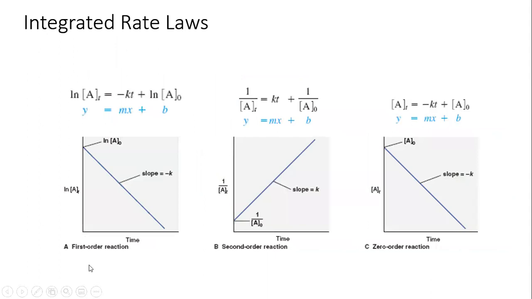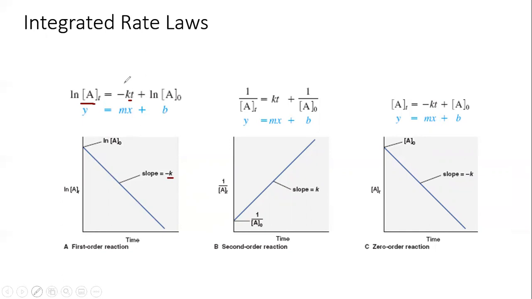So like I said, we can plot data, and if you plot data, you can determine whether something is first order, second order, or zero order. So we look at the integrated rate laws. If you plot ln of A versus t, you should get a linear relationship, and the slope is equal to negative k.